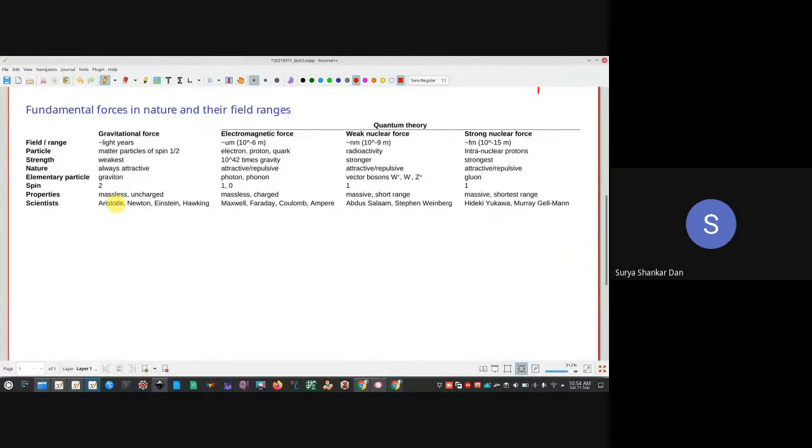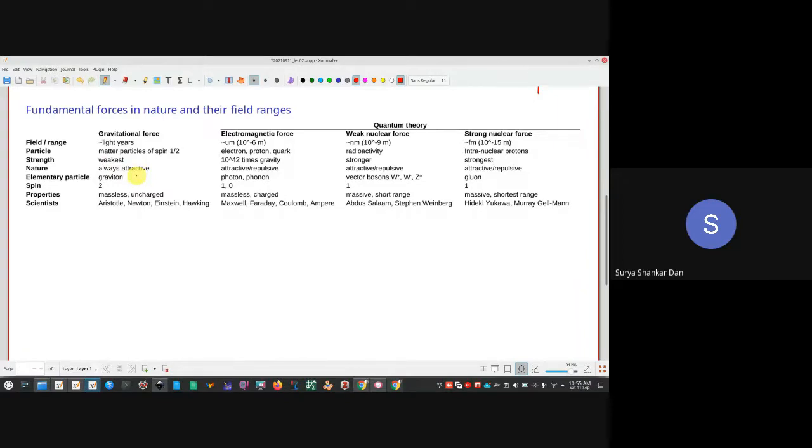Now you might be thinking, okay, graviton is massless and they are moving, but they are also the weakest. Then how does graviton make sure that even Pluto is revolving around the sun? The reason, as I told you, is that it's the mass which matters, because gravitons are always attractive.